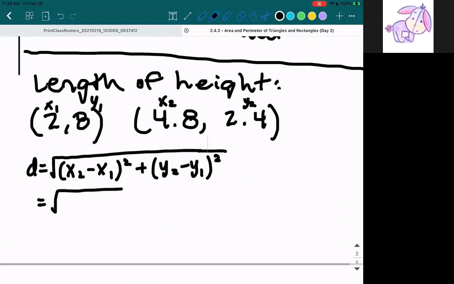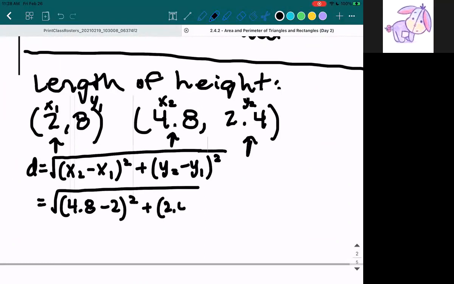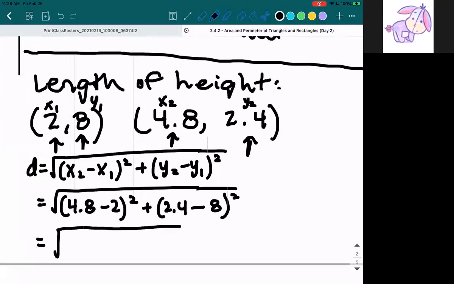Plug it in. x2 minus x1, y2 minus y1. Use your calculator. 4.8 minus 2, 2.4 minus 8.